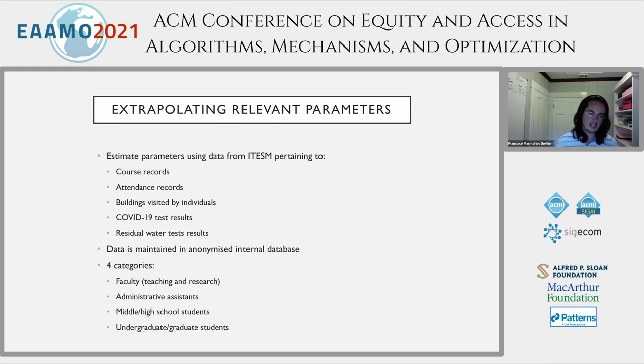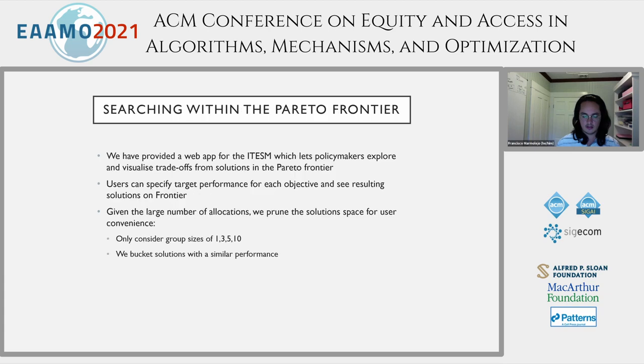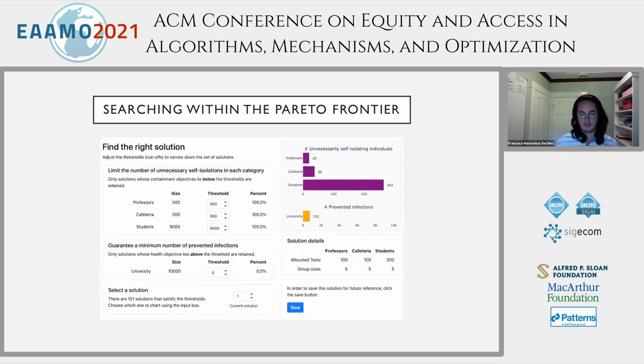but data is maintained in an anonymized fashion, and over 4 categories, we're able to help policymakers search within the Pareto frontier. The way that we do so is by clumping strategies that have similar performance with one another, so that ultimately policymakers can explore the tool with a convenient visualization, which is presented here.